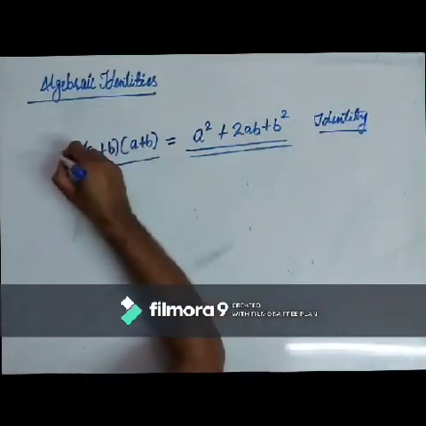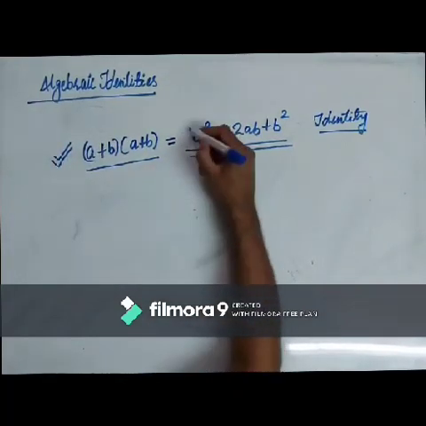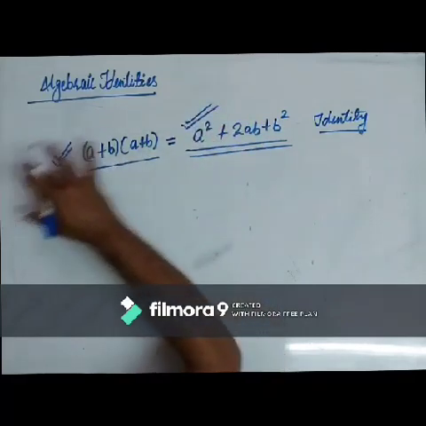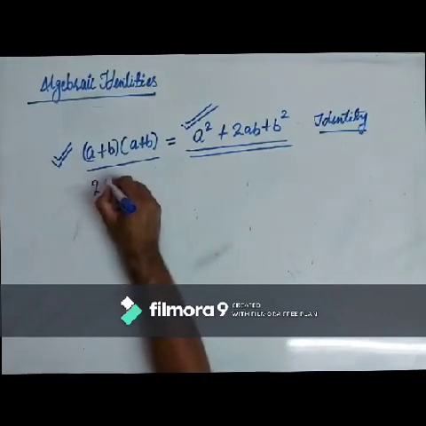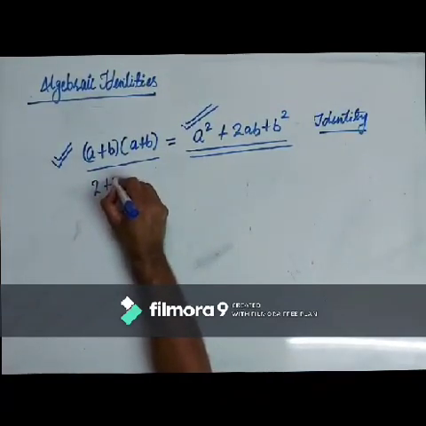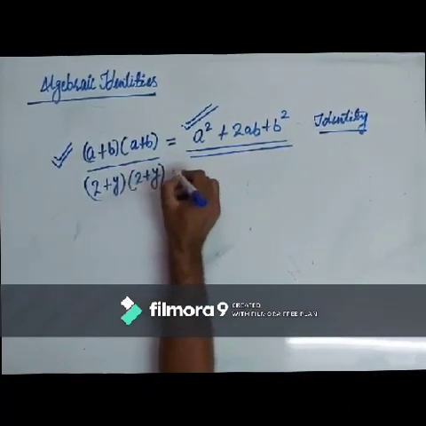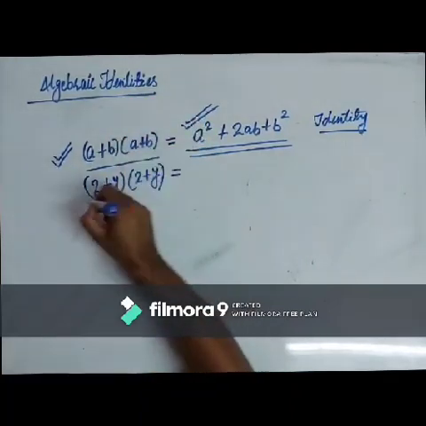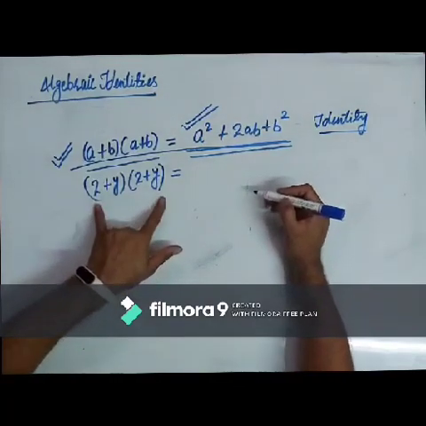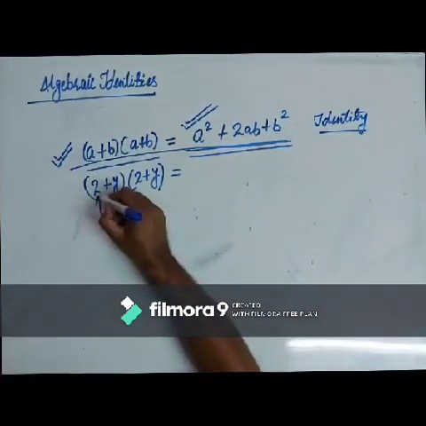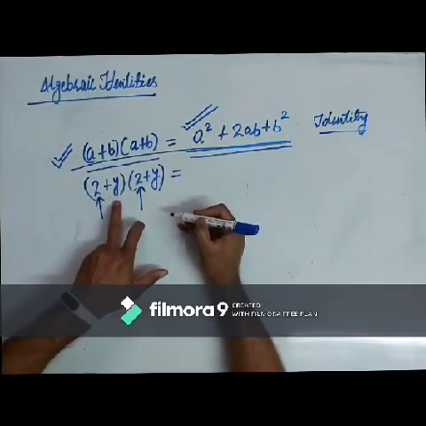You see, if a plus b and a plus b are multiplied and the answer is remembered, then this type of pattern can be used in certain questions. Say 2 plus y into again 2 plus y. We can remember it and apply this identity here. Fix 2 as a and y as b.